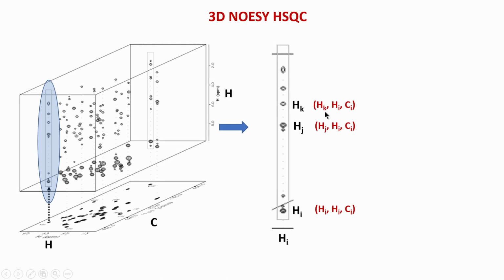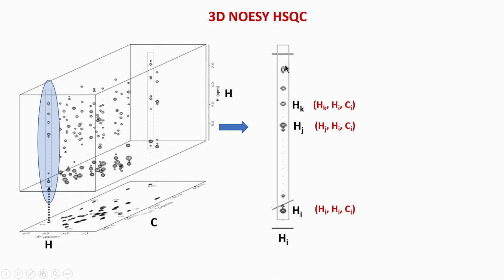Here you can see what is shown in the bracket is the 3 chemical shift correlation. Here Hk is correlated with Hi, which is here, and Ci, because we are cutting at the Ci plane. So, we are looking at the Hi-Ci plane. Hi-Ci is common to all because we are all in the Hi-Ci plane, but along this axis it is changing because of different chemical shifts.